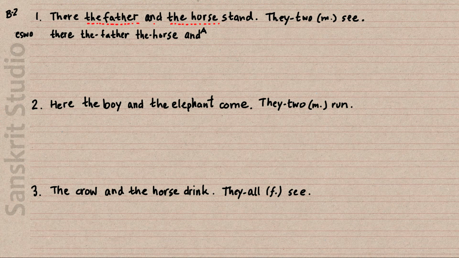So we have to demonstrate that we know that if we use an "and" to group two words like this, the result must be dual. So it's "they two stand." That is the verb that we're going to put in the Sanskrit.